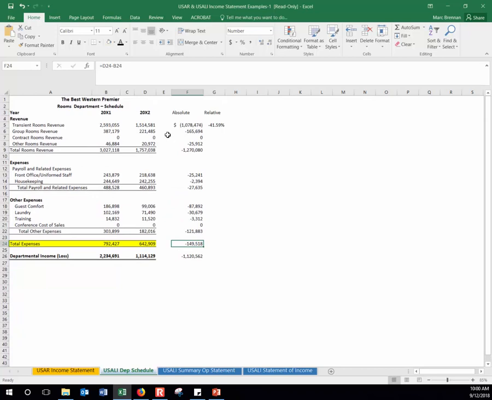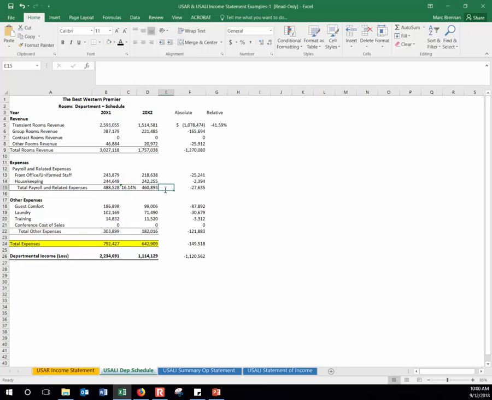Okay. This is where our vertical analysis would be good to look at as well. So while this is positive, is it good enough as far as a percentage of rooms revenue? So if we take a look, and I'll just do this quickly, our payroll. We'll turn this into percentage.